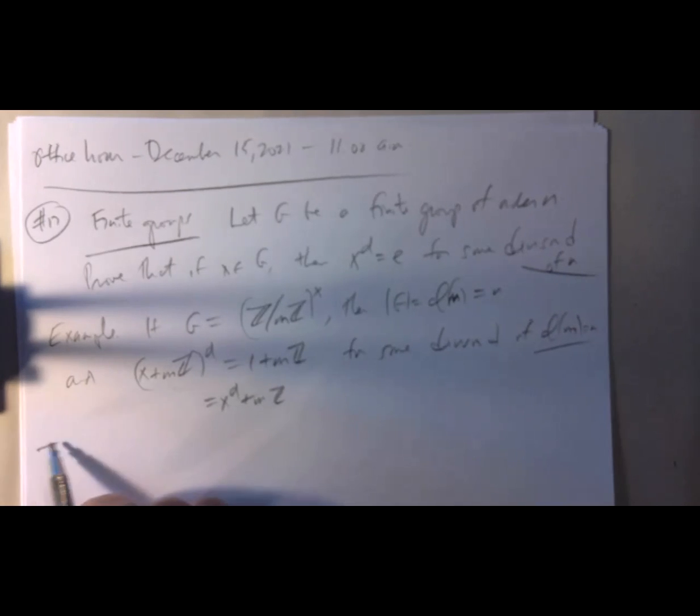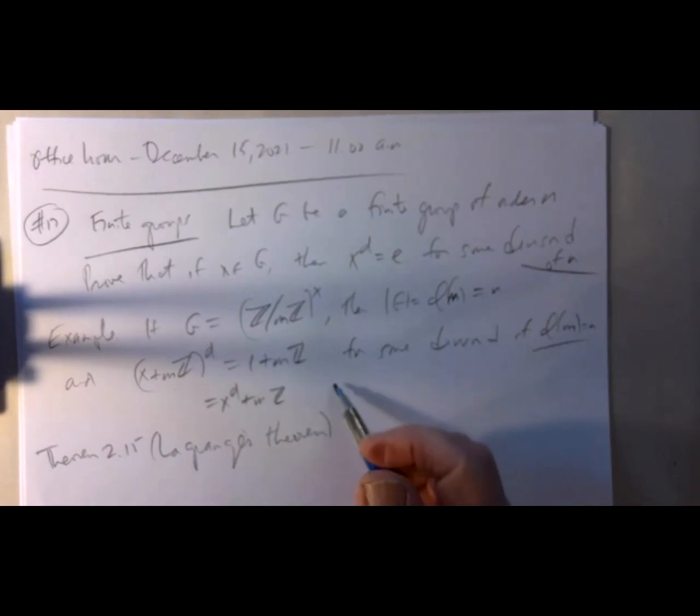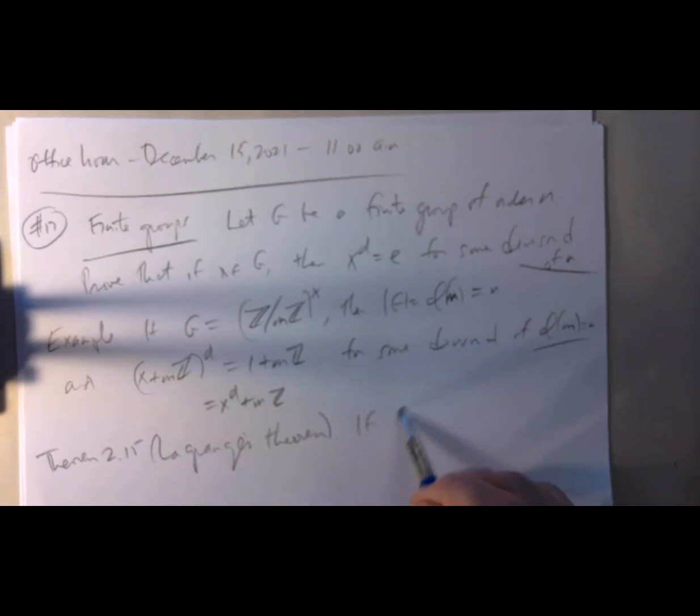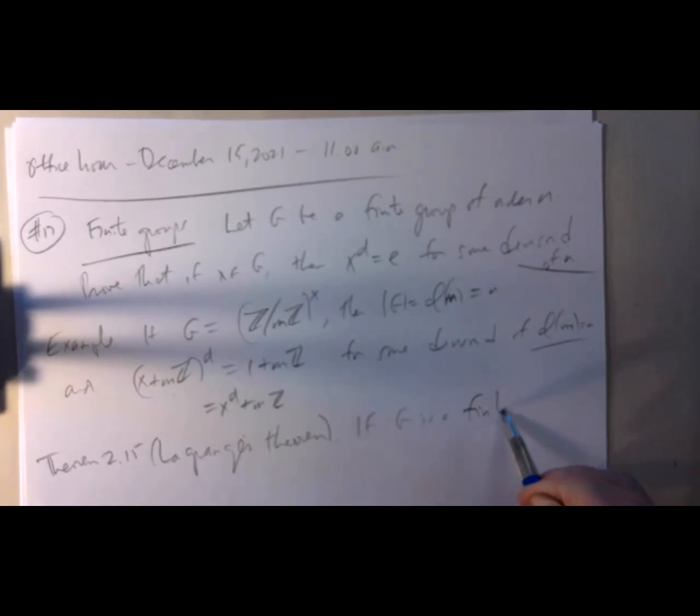I proved what in the book is theorem 215, which is Lagrange's theorem, which says that if G is a finite group and H is a subgroup of G, then the order of H divides the order of G.